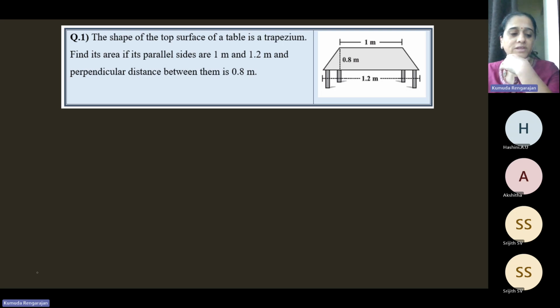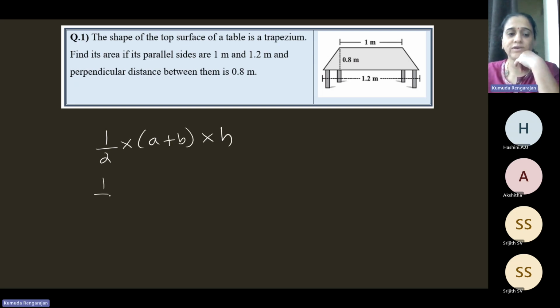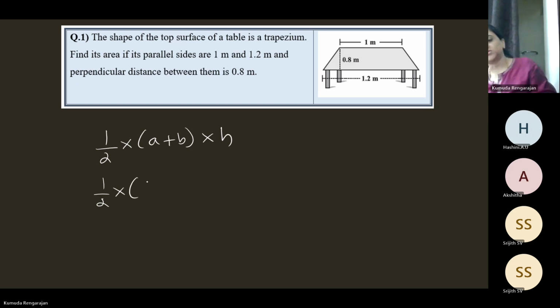Hasni, what's the formula to find the area of a trapezium? Half into A plus B into H. Okay. What's the value of A? 1. B? 1.2.